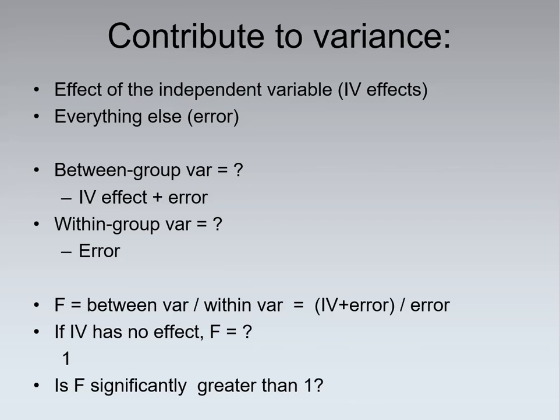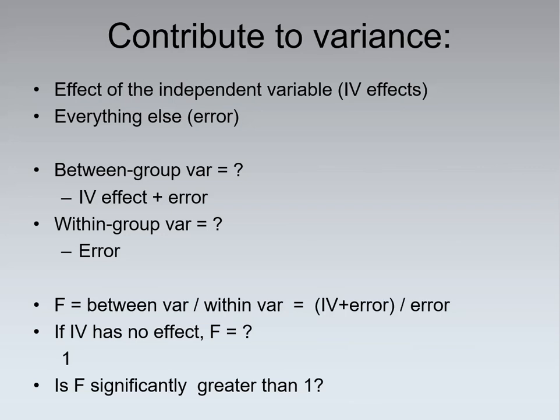Now, there are tests later on and more advanced tests that can account for more things, but in a simple between subjects ANOVA, it is just going to be the independent variable effects and error. Now, what influences between group variance is going to be the independent variable effect plus error.